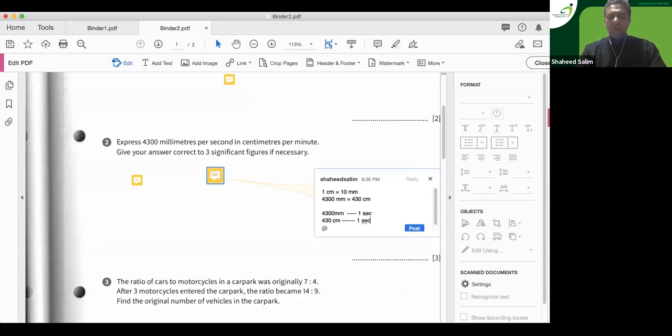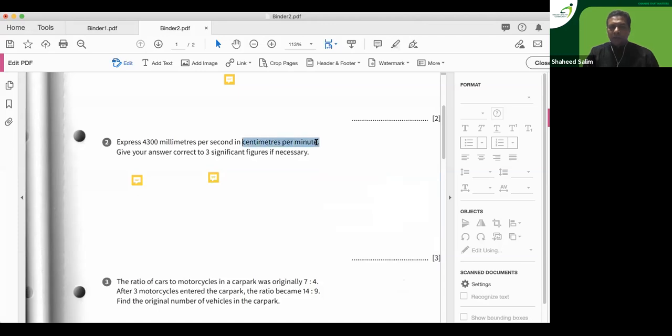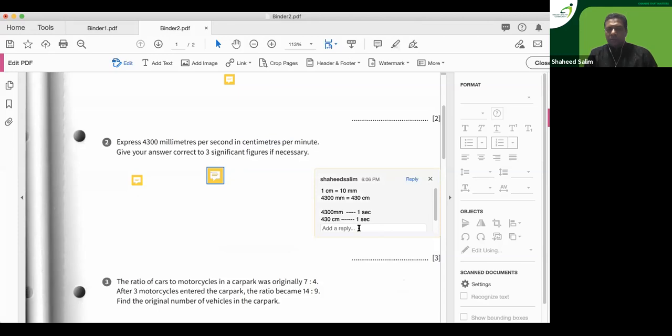But they want your calculation to be centimeters per minute. So you must change it. So how to change it? You already changed this, yeah. But they want per minute.